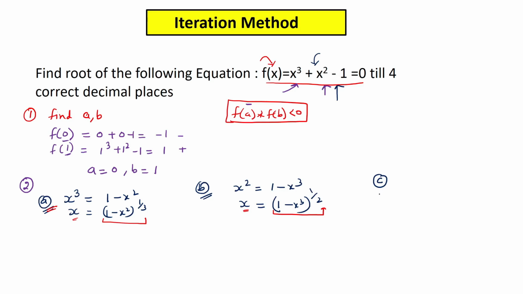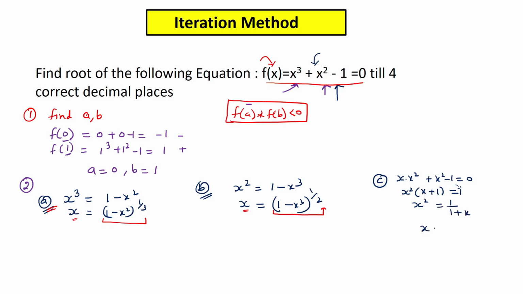And there is another way also to rewrite this given function. So what is that way? I can write x cube as x into x square, so x into x square plus x square minus 1 equal to 0. Now I can take x square as common and write x square times (x plus 1) equal to 1. So this 1 is taken here, and then I can say x square equal to 1 upon 1 plus x.